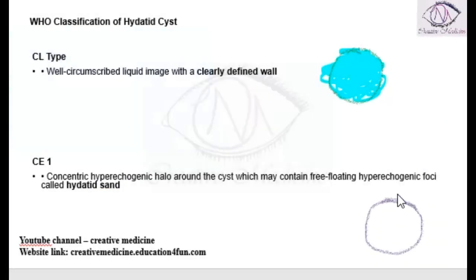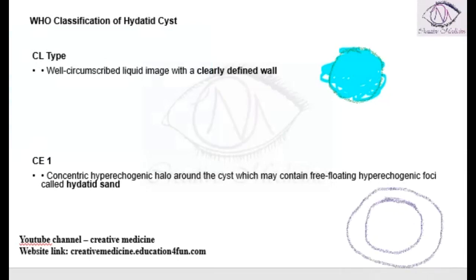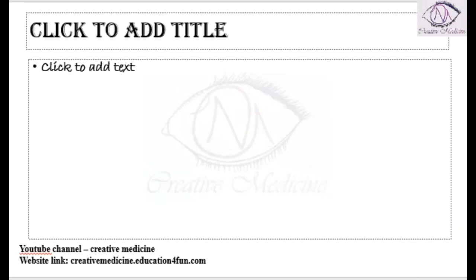The cyst contains fluid, and along with this fluid, hyperechogenic foci are seen, which is called hydatid sand. You can see this halo, along with free floating hyperechogenic hydatid sand in the cyst. So this is CE1.